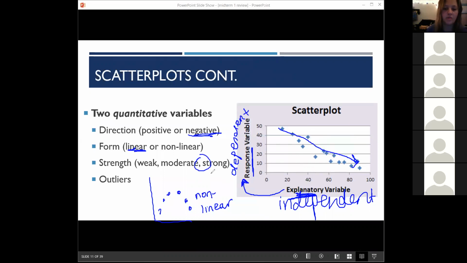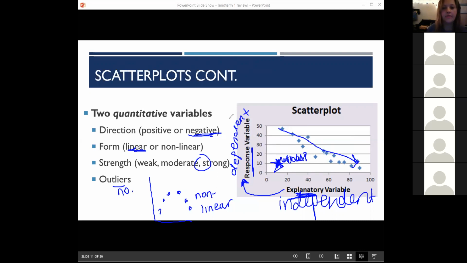And then outliers would just be if you had an observation that was super far out from the original data. So if I had something over here, I'd be like, what are you doing? That's no bueno. But in this case, I would say that we don't have any outliers in this one. So that's how you read a scatter plot.